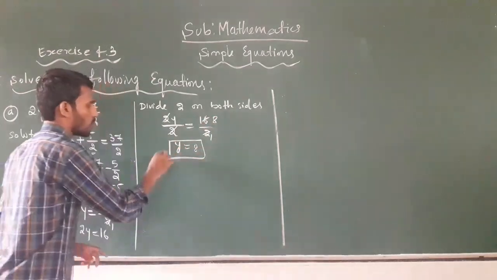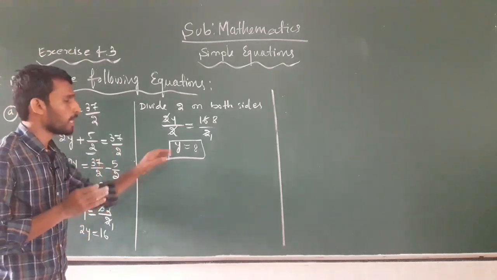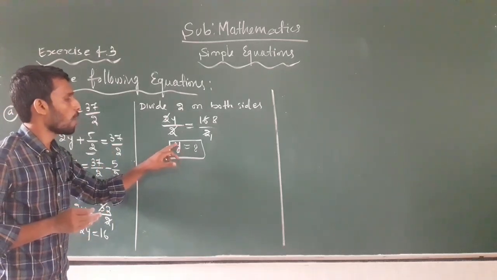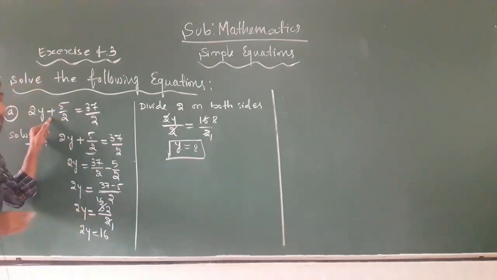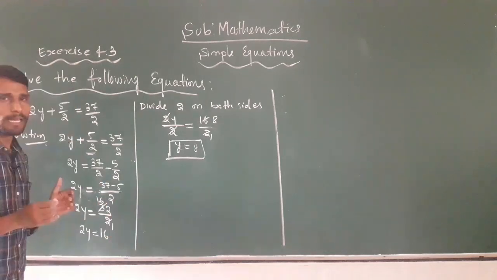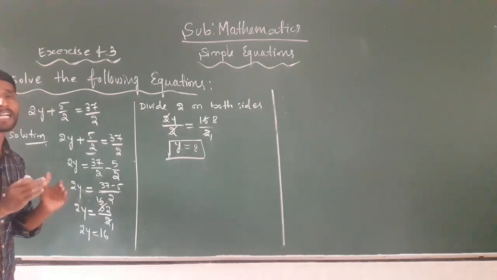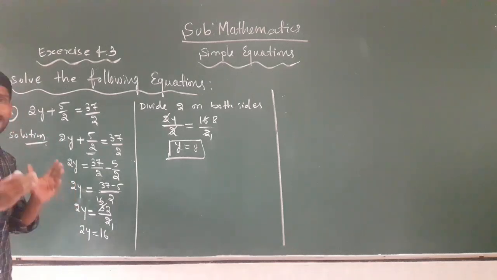This is the solution. If you want to check whether this equation is satisfied or not, you put this y value in the equation and simplify. You will get LHS and RHS both equal. If both LHS and RHS are equal, at that moment this equation is satisfied.